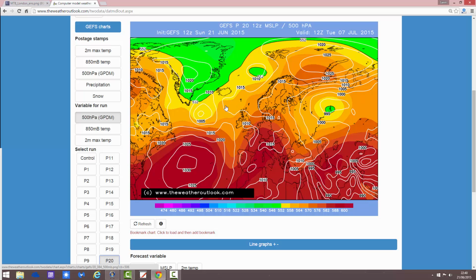It's got quite a bit of high pressure to the north of Scotland and going up towards Scandinavia. Got low pressure coming underneath it, so that could be bringing quite a bit of wet weather down across parts of England and Wales. It's very useful, this section of the weatheroutlook.com.